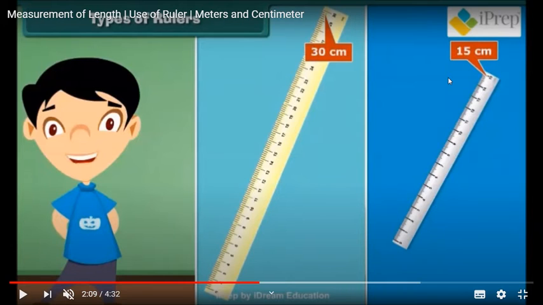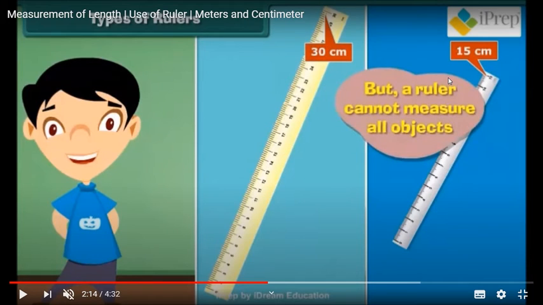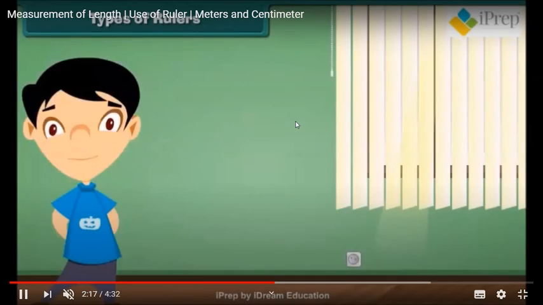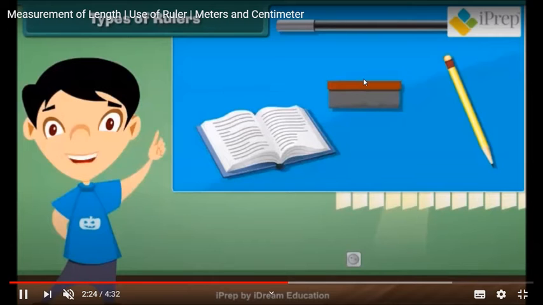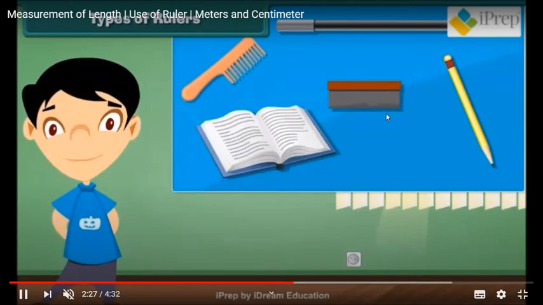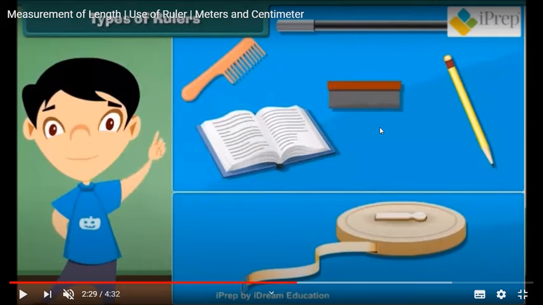A ruler is used to measure only short length objects such as pen, pencil, book, duster, comb, maths book, English book. We are measuring small lengths with the ruler.